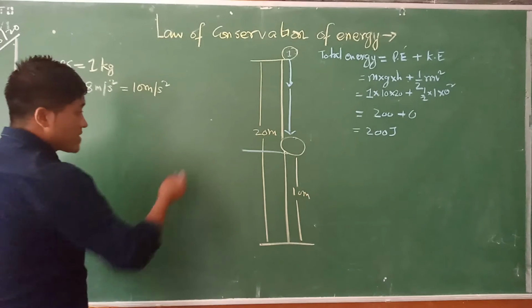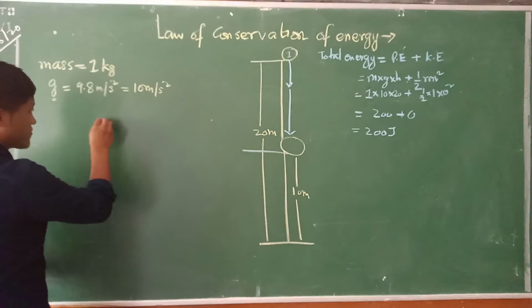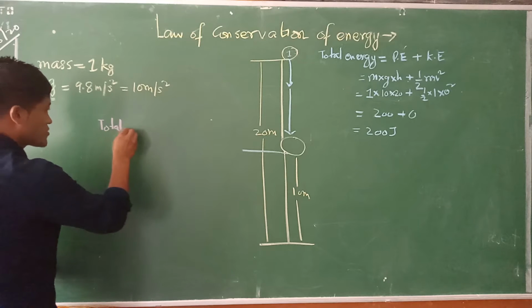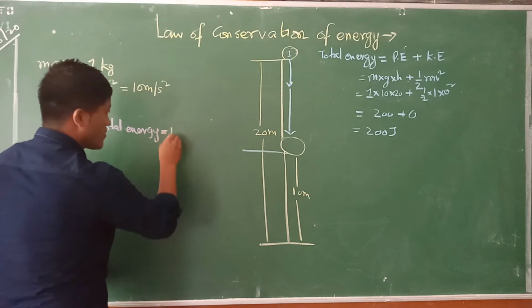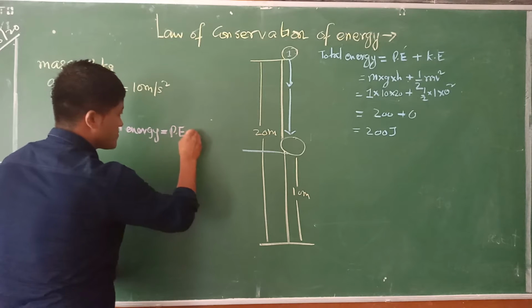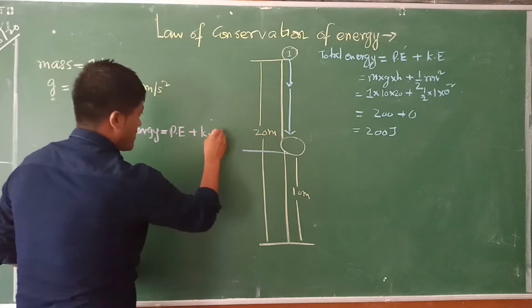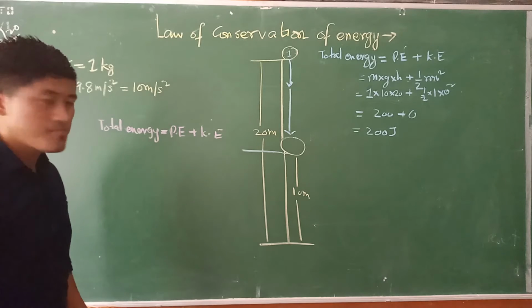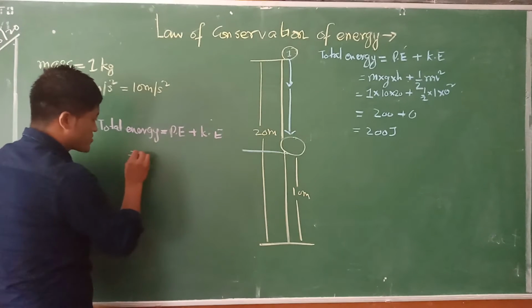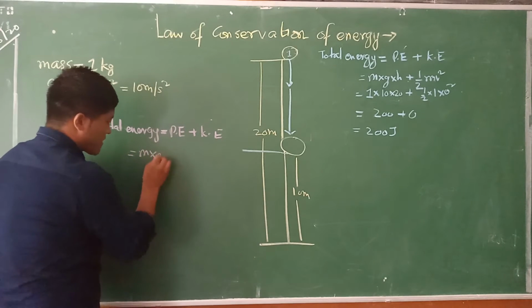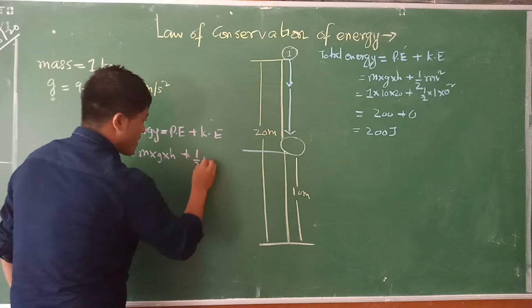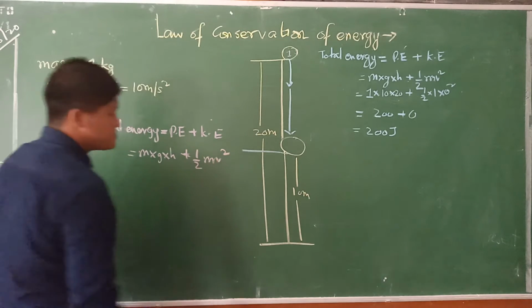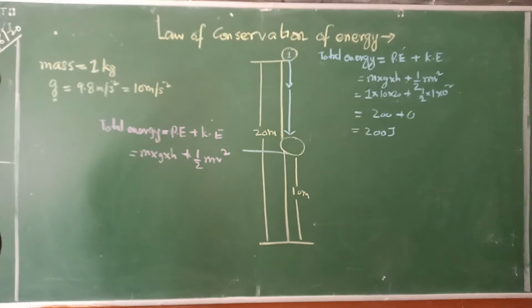Let's go for it. So total energy, once again we are going to find total energy, which is equal to potential energy plus kinetic energy, right? Okay, so how much is potential energy? It is mass into gravity into height plus half m v square. Is that clear?